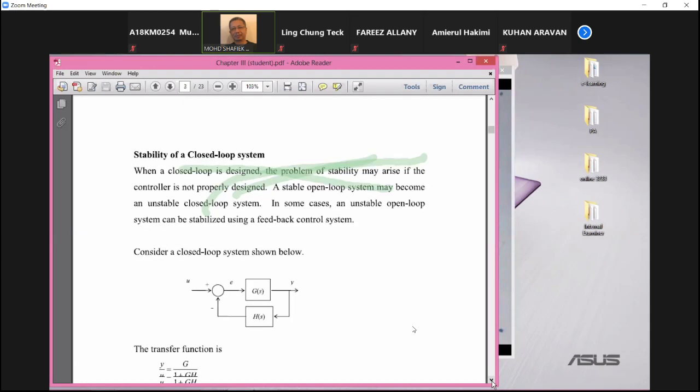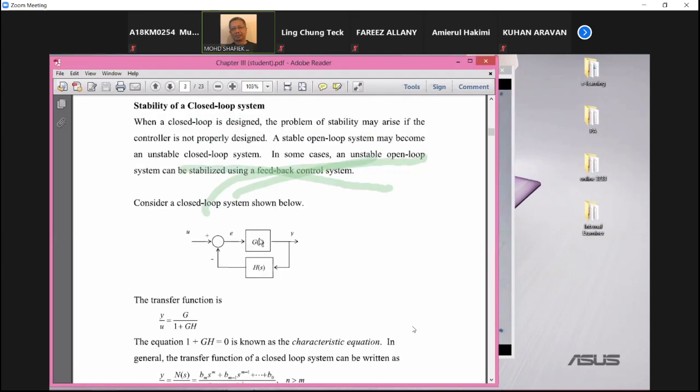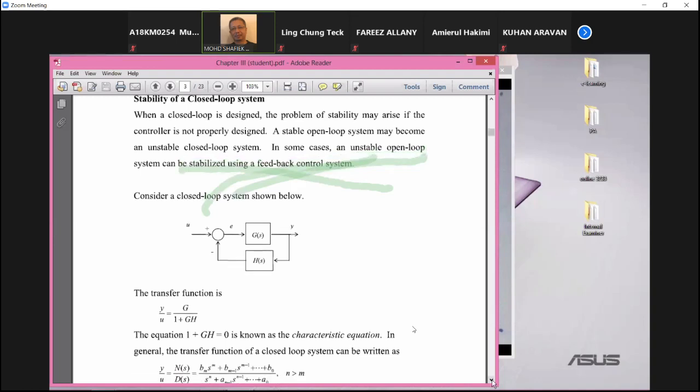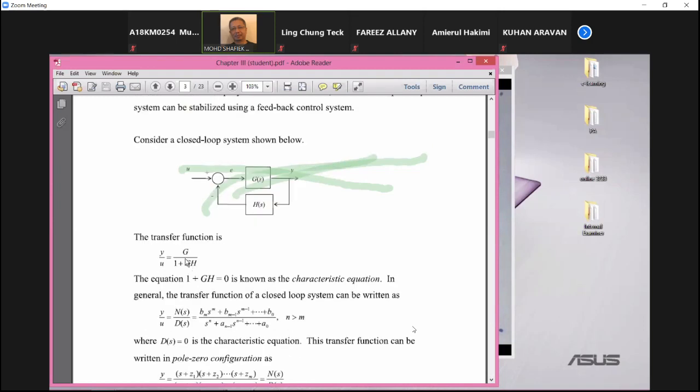Now, if we look at the closed loop system, we're going to have the forward transfer function G(s) and the feedback transfer function H(s). When we obtain the overall transfer function, we have G divided by 1 plus GH.